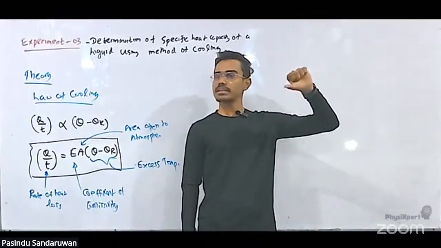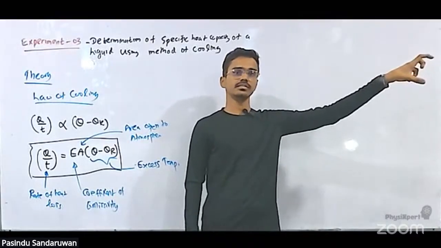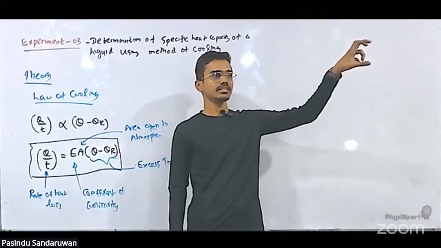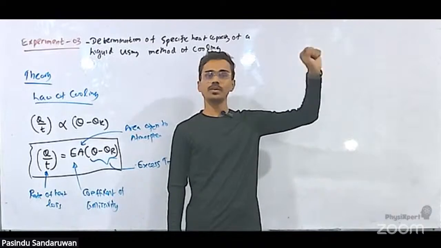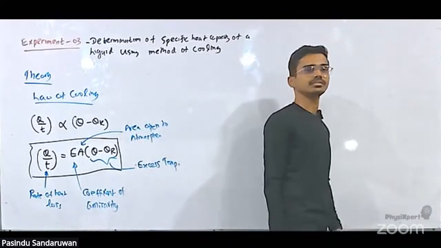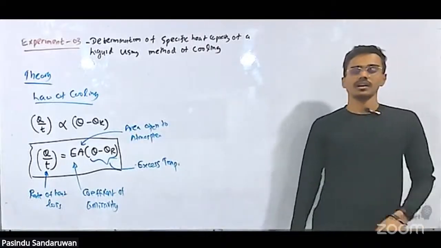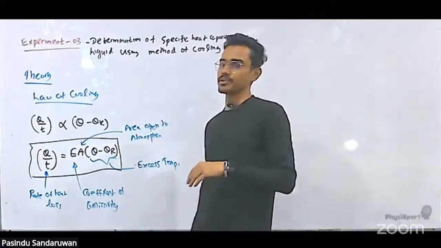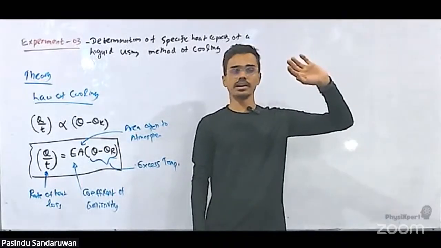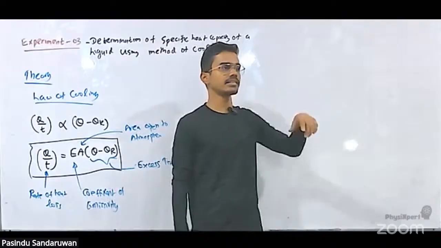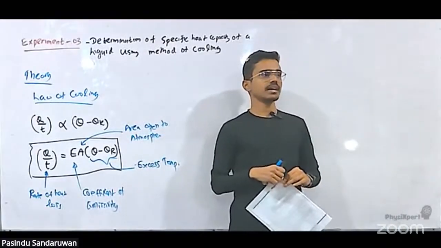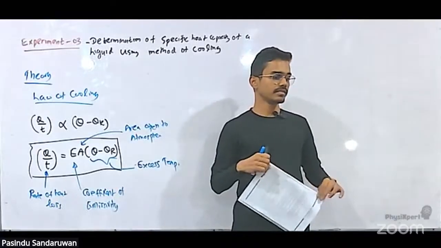Under natural convection, what is the condition? Only for small temperature differences, less than 20 degrees Celsius. Under forced convection, it holds up to higher or larger differences, up to 80 degrees Celsius.